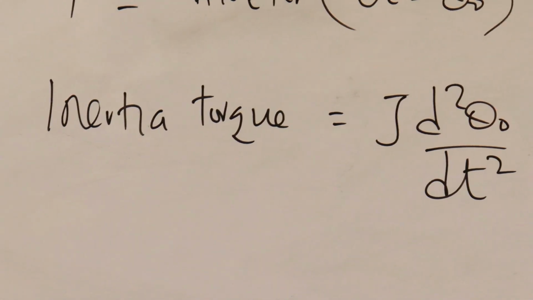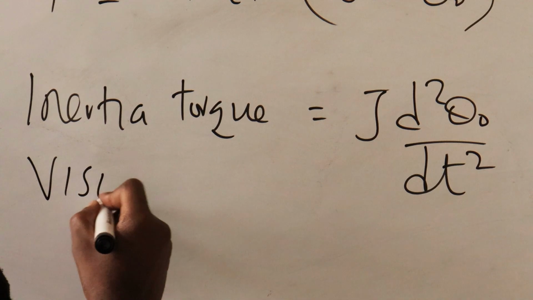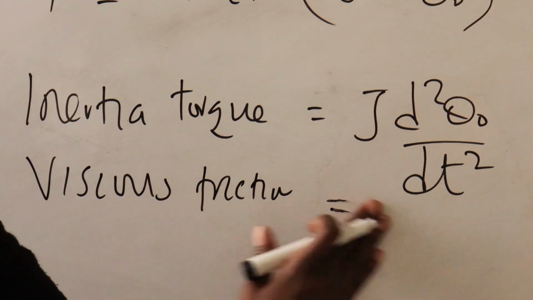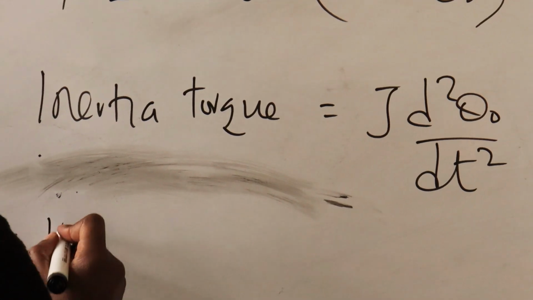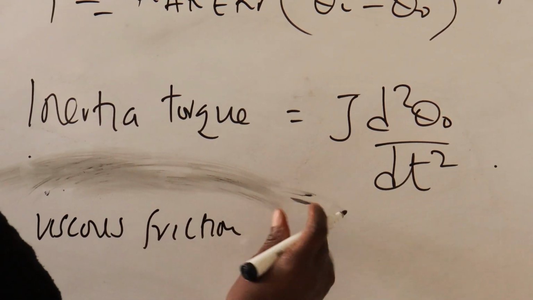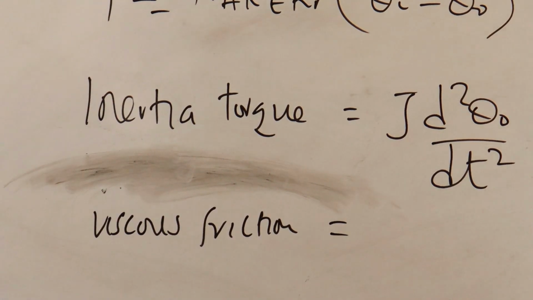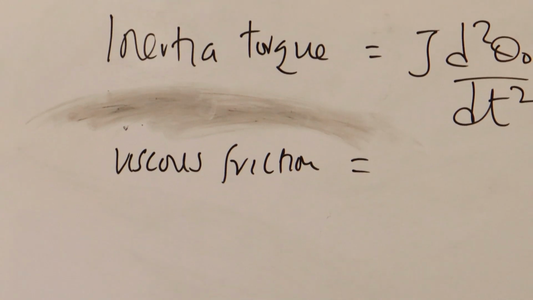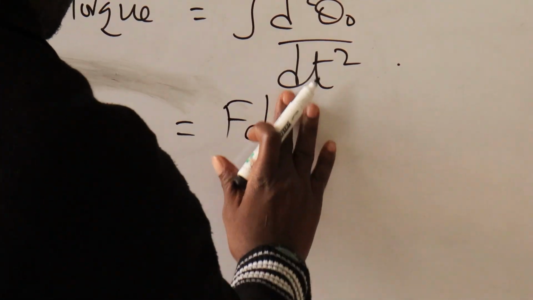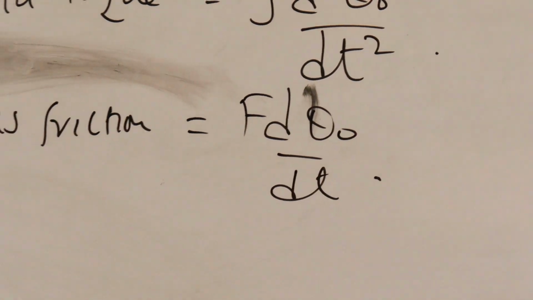So we also have what we call the viscous friction. The viscous friction, that is the element of friction, is given, as from the mechanical systems under the transfer functions, by f d theta naught all over dt. So that is what we have.